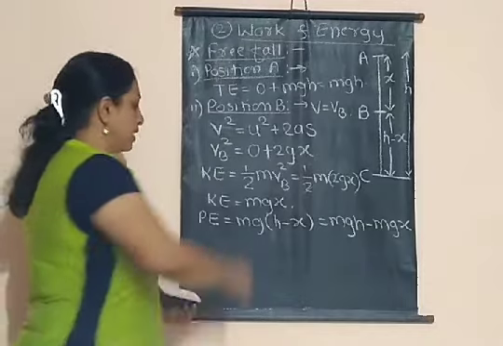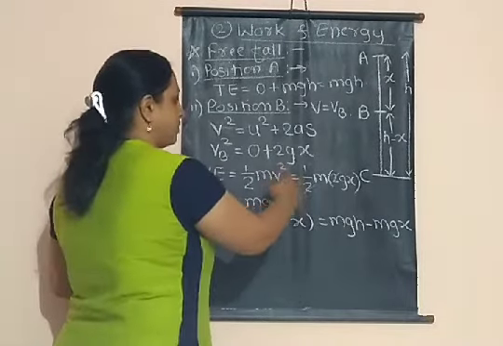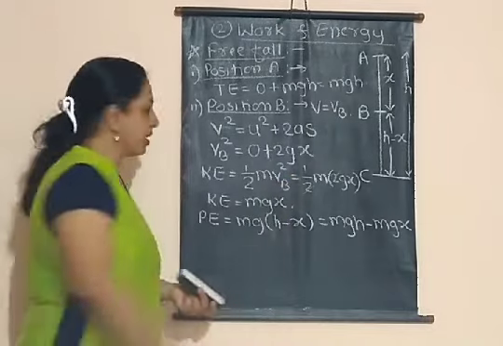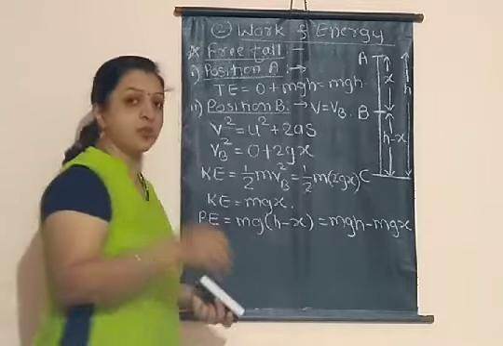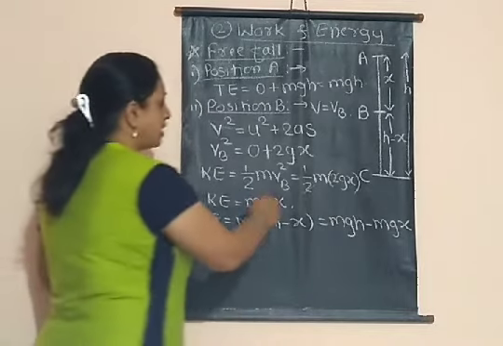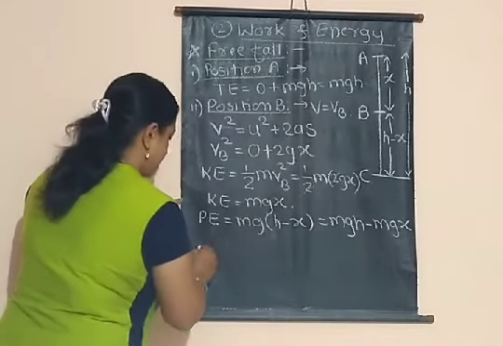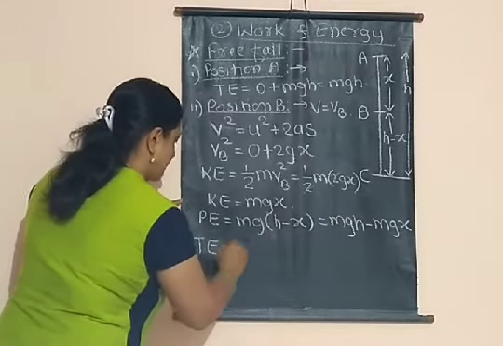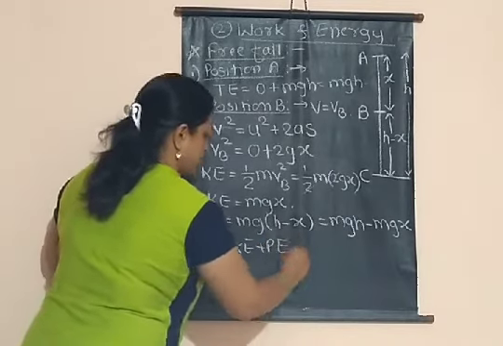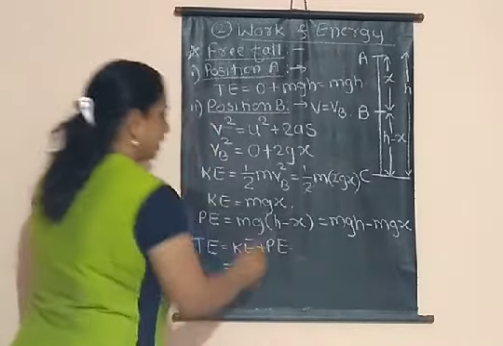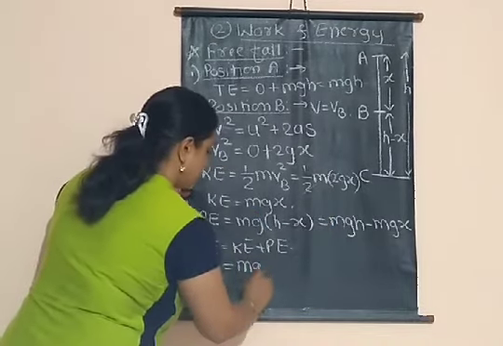Remember always, in order to find the kinetic energy, we first have to find the value of Vb, and for potential energy, we have to take the proper value of the height. Now take the sum of kinetic and potential energy. The total energy is kinetic energy plus potential energy. What is the kinetic energy? mgx.